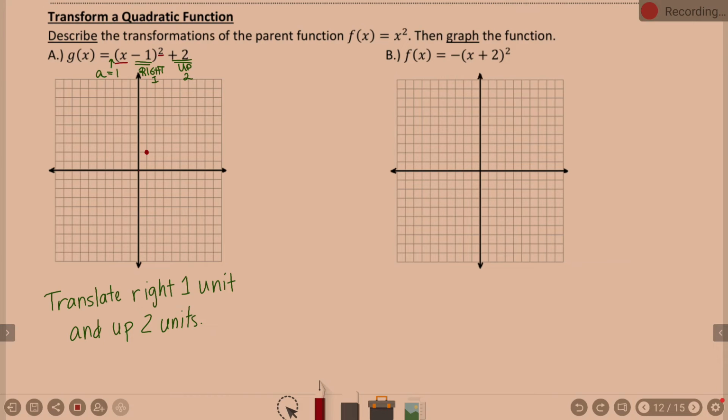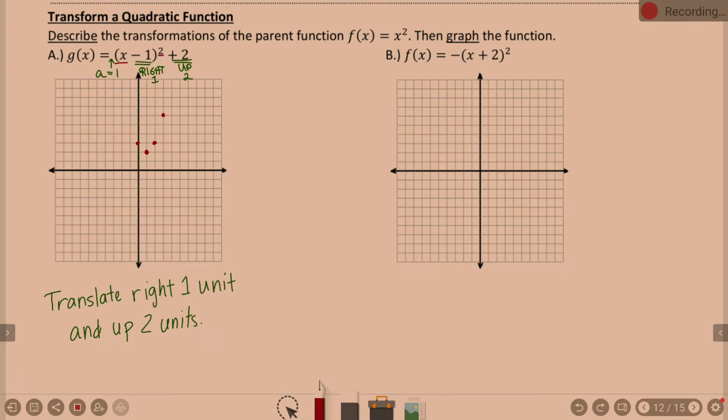So from this vertex, I'm going to go over 1, up 1. I'm also going to go over 2 from the vertex, up 4. I only drew half a parabola currently. Where's the other half? On the other side, right? When you go right 1, up 1, you can also go left 1, up 1.